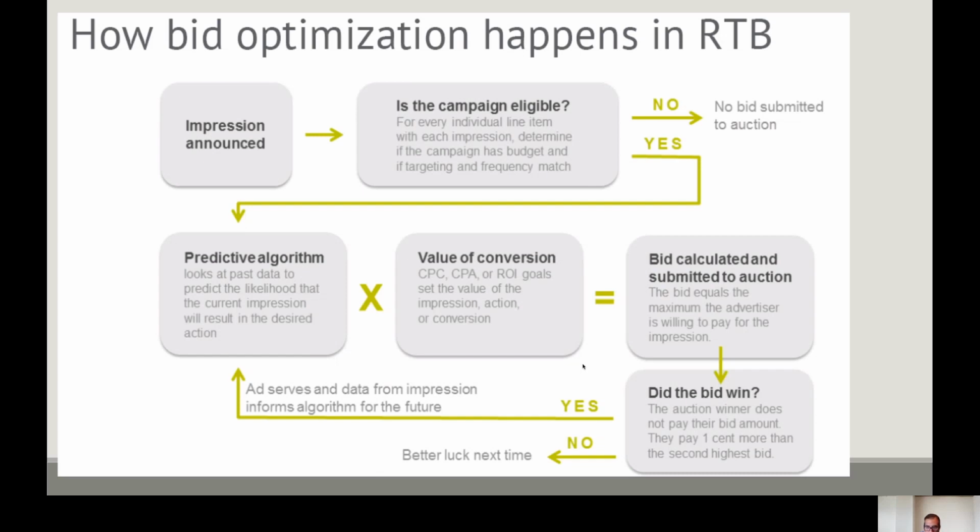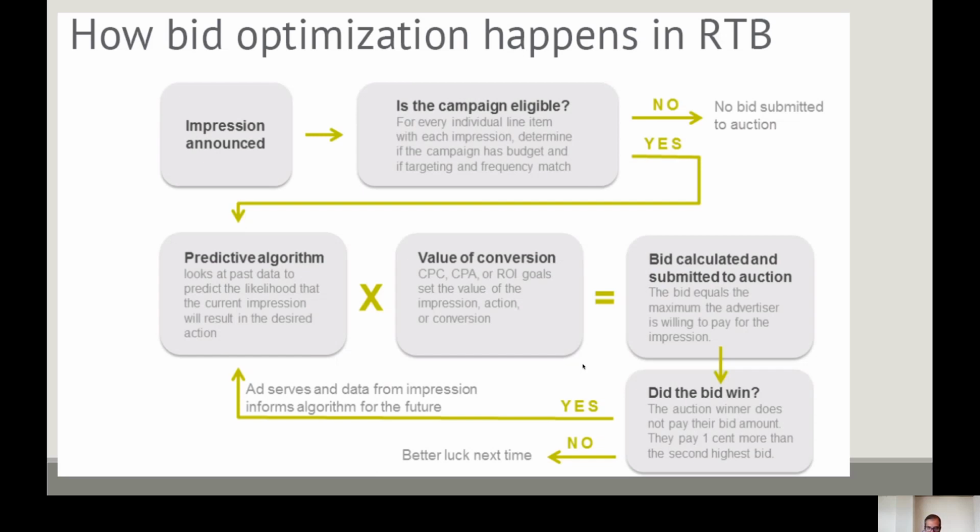Now, if the advertiser wins, then just like what we have discussed before, they don't pay the bid amount. This is a second price auction. So they pay 1 cent more than the second highest bid, also accounting for the quality score kind of idea, right?